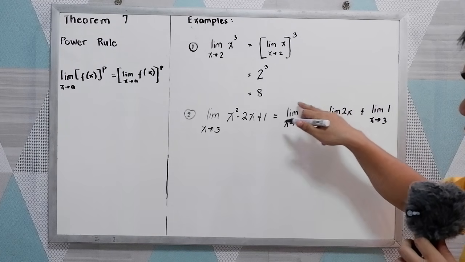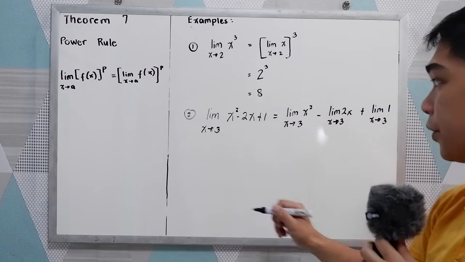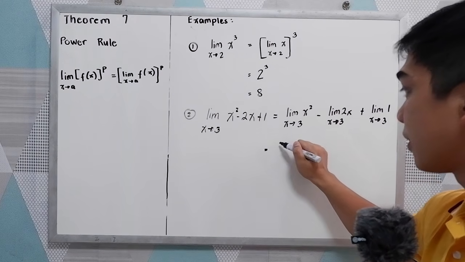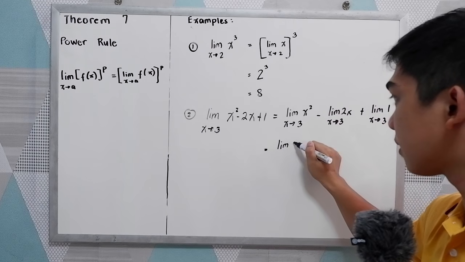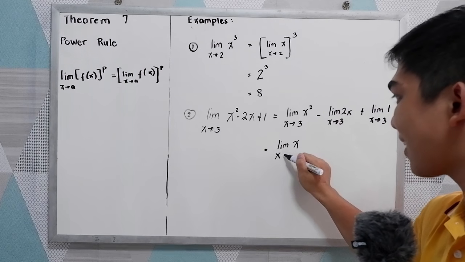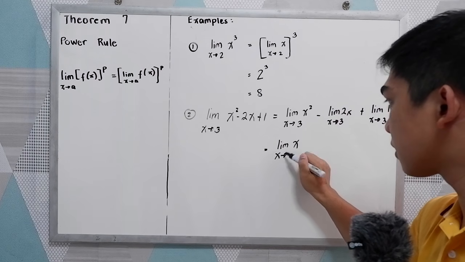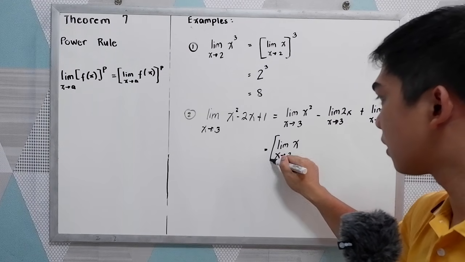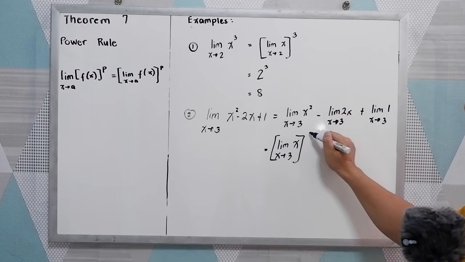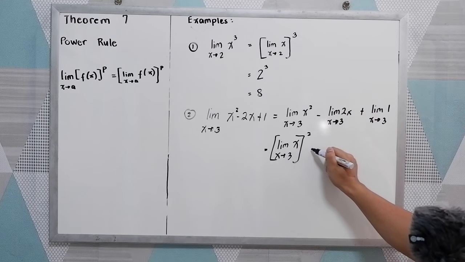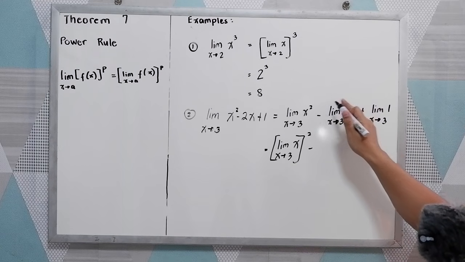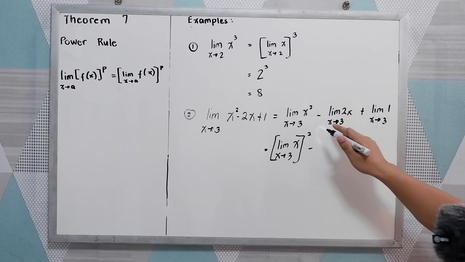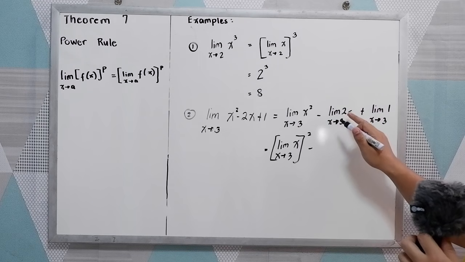In this case, we're going to apply our power rule. So we have the limit of x as x approaches 3 raised to our exponent, which is 2, minus, we're going to apply our other theorem.